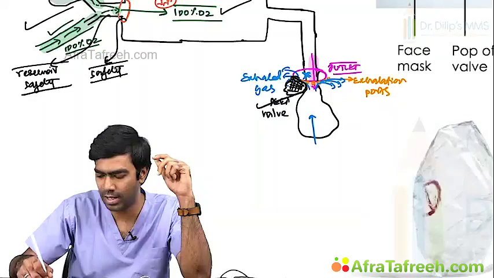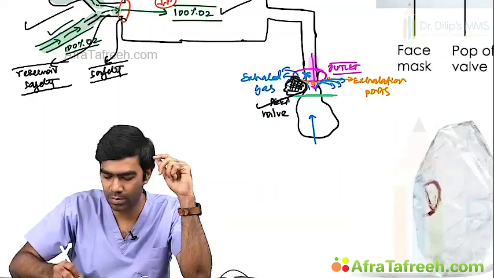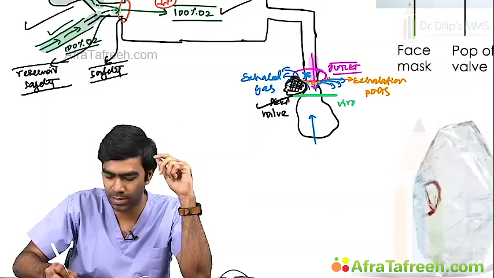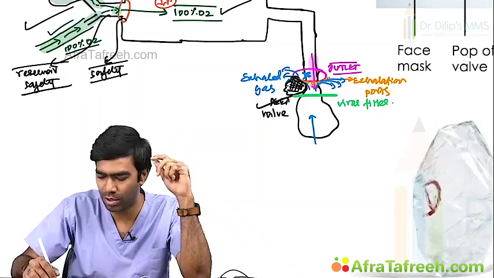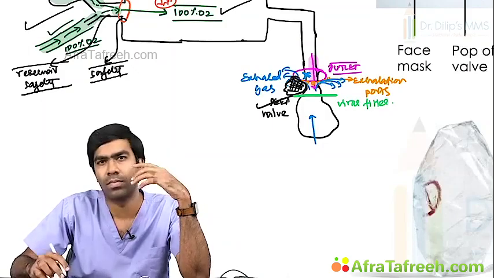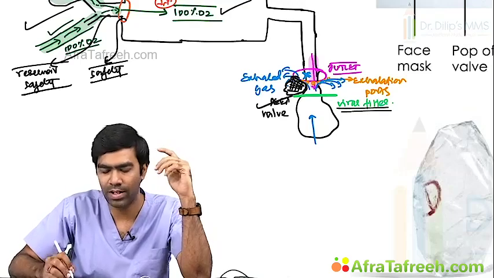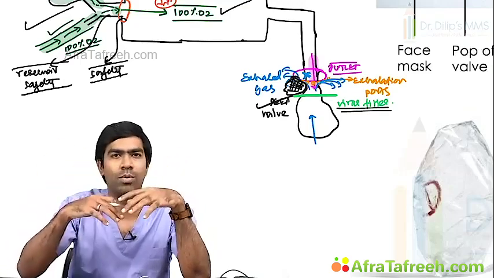And the second optional thing you can do is put a viral filter, especially when you are living in this COVID related environment right now. So it is also very important to understand. You can add a viral filter also. So why viral filters? That will be between the mask and the expiratory port.